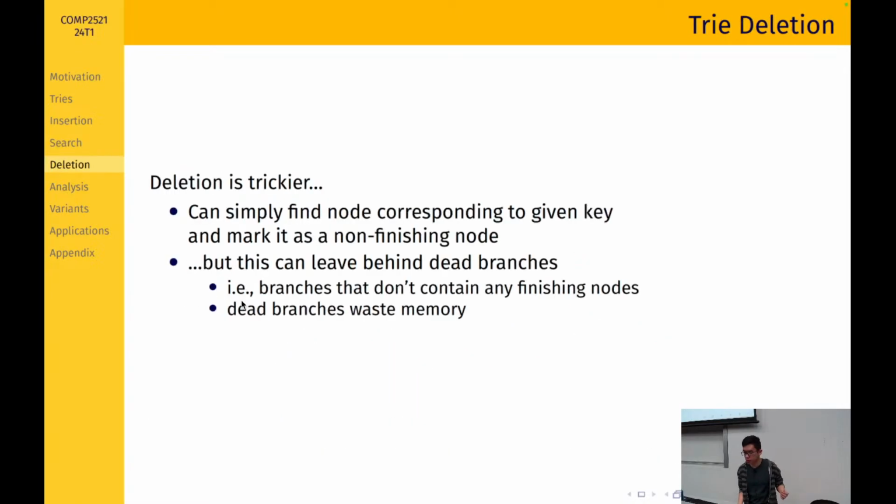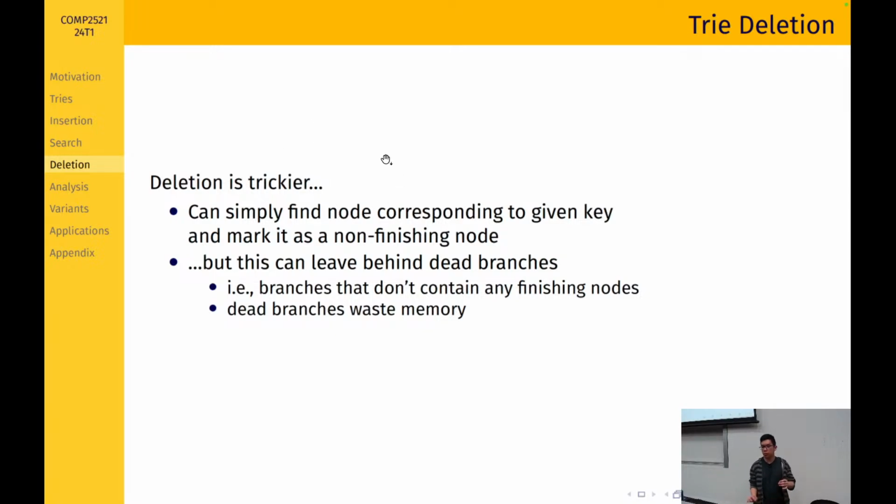Now let's look at deletion. Deletion is trickier than insertion and search, right? That's because when we delete a word or key from the trie, we might end up with branches that don't contain any data. This is what I call dead branches here.